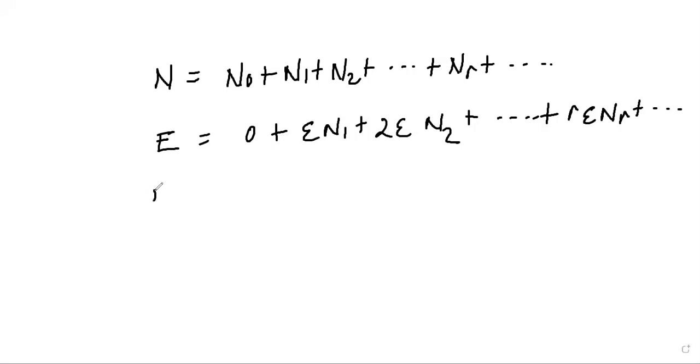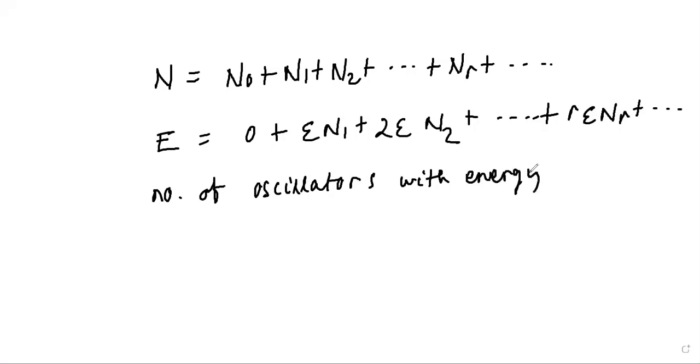is given, as per the Maxwell-Boltzmann distribution law, by Nr, the number of oscillators with energy rE, equal to N0 e to the power minus rE divided by kT.